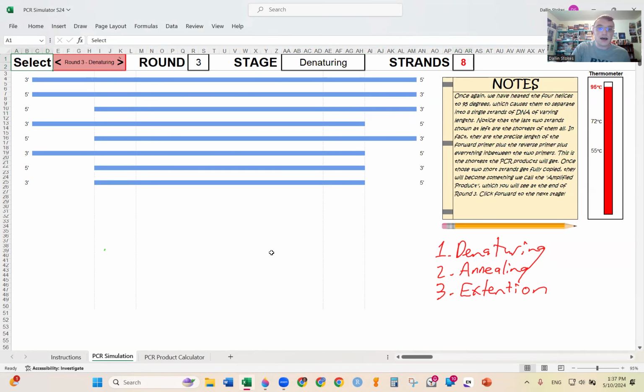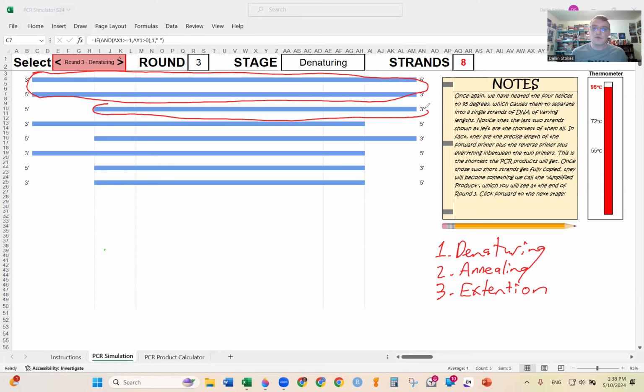When I do this again and heat it up, now I've got strands of several different lengths. I've got the ones that are the original length right up here. Sorry, I should draw. Let's switch over to drawing here. Okay, so we've got these ones up here that are the original length. Then we've got these 4 right here, which are kind of shorter.